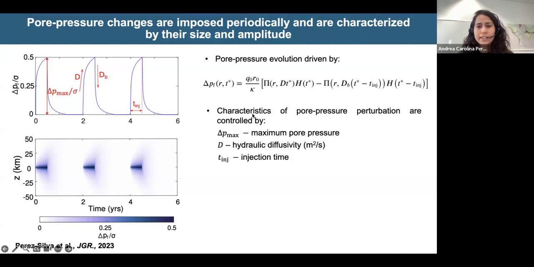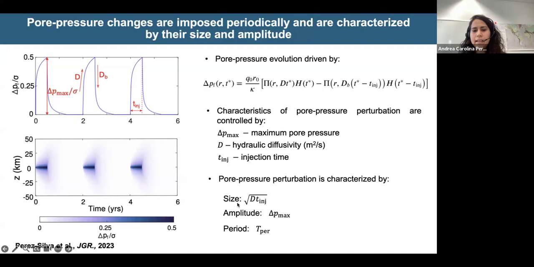So the characteristics of the perturbation are controlled by the maximum pore pressure, the hydraulic diffusivity, and also the injection time. We consider that all of these parameters are free parameters, and that we explore the parameter space by varying these three parameters and also the perturbation period.